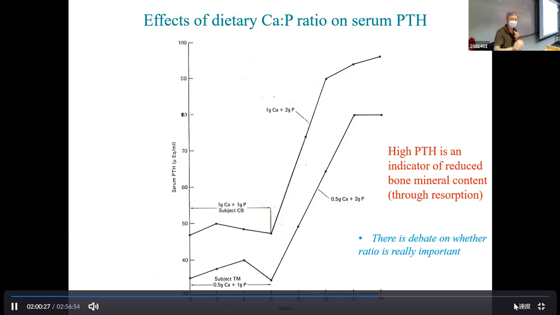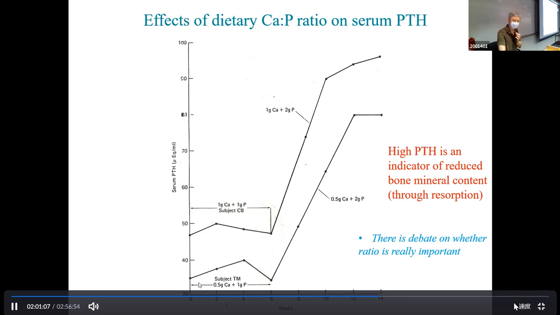Now, I'm highlighting this to you, but this point is debatable because there are people who agree and there are people who disagree with it. So what's showing here is the time in weeks, and then the y-axis shows the concentration of a hormone called parathyroid hormone, PTH. Parathyroid hormone is a hormone that regulates calcium metabolism, which we will talk about in a minute. So what you see here are two subjects.